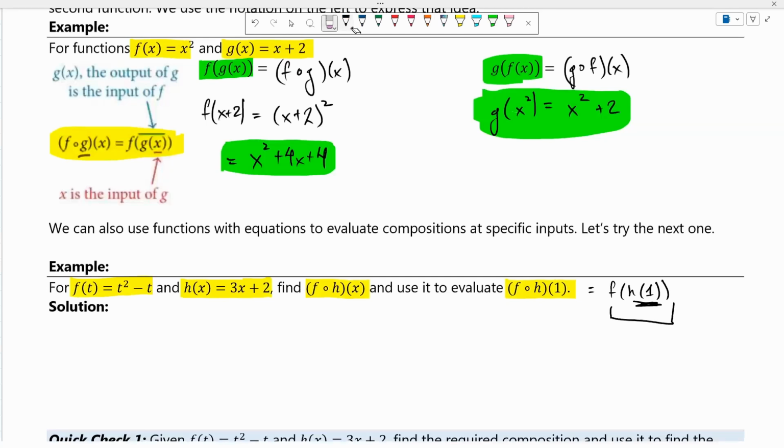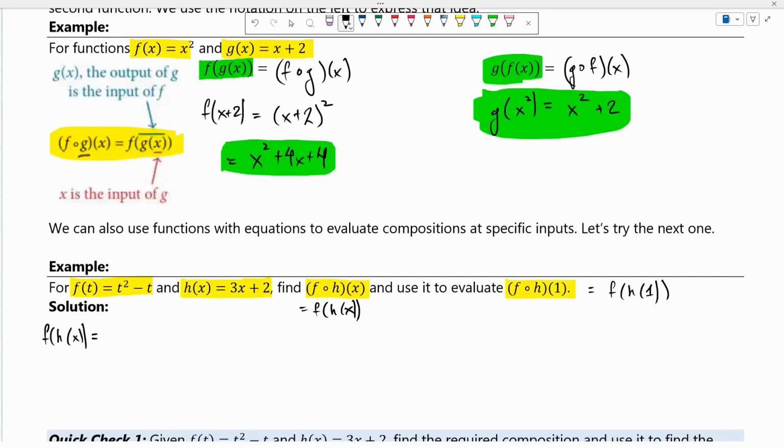So what I'm going to do first is look at this notation. This is going to be f of h of x. I'm going to grab all of h and put it into f. So let's do f of h of x.